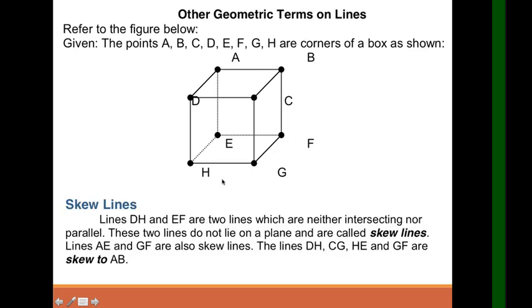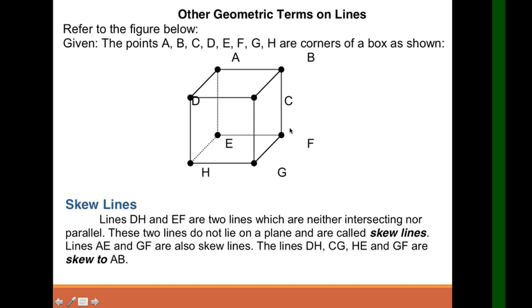Now, skew lines. Lines DH and EF are two lines which are neither intersecting nor parallel. So hindi sila intersecting at the same time hindi sila parallel. We call them skew lines. These two lines do not lie on the same plane and are called skew lines. Lines AE and GF are also skew lines.